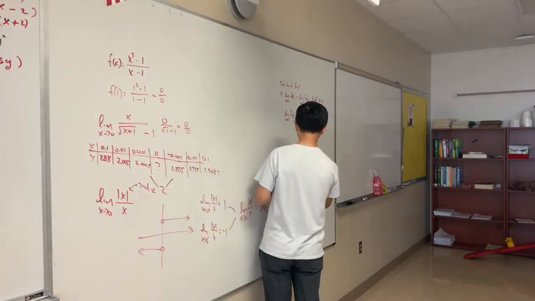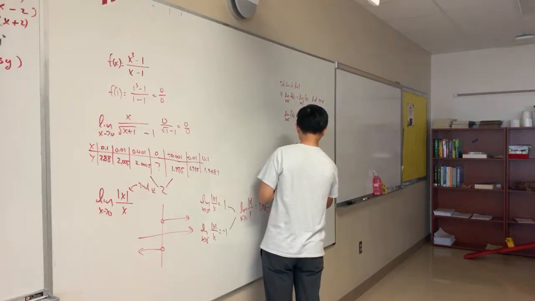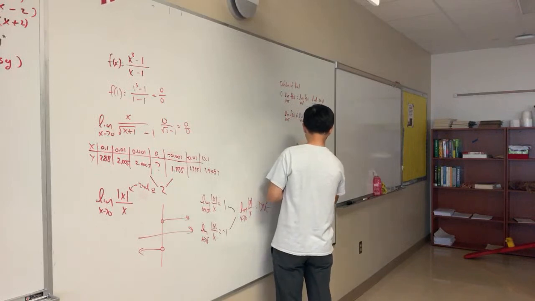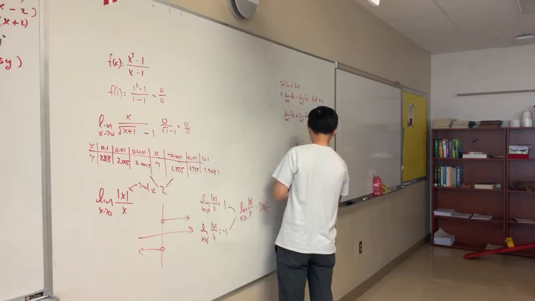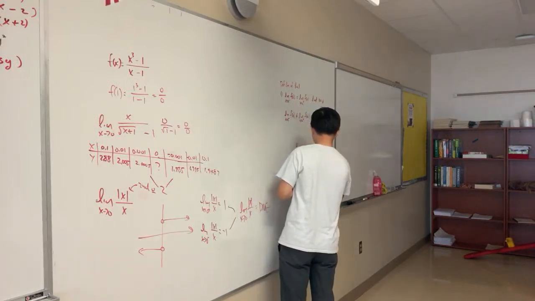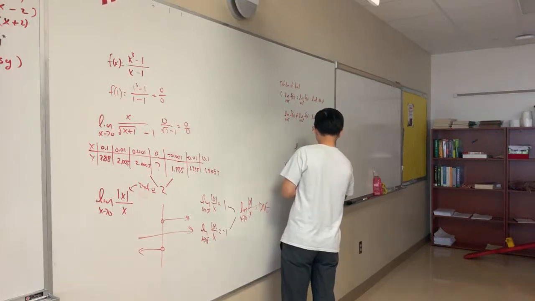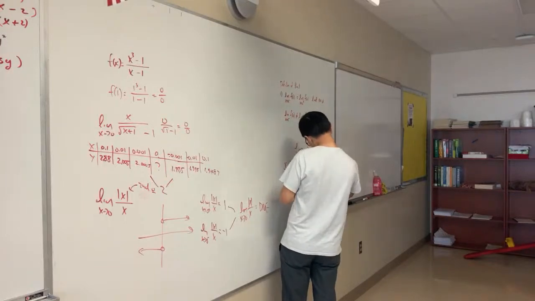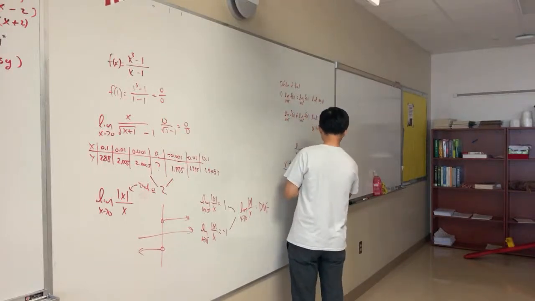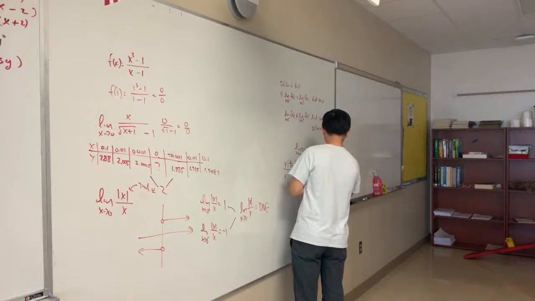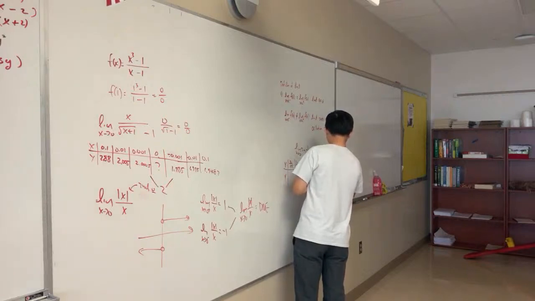Actually, we're going to pick 2 over 2 pi, 2 over 3 pi, 2 over 4 pi, 2 over 5 pi, and then 2 over what? 6 pi, okay, and then 2 over 7 pi, and 2 over 8 pi.